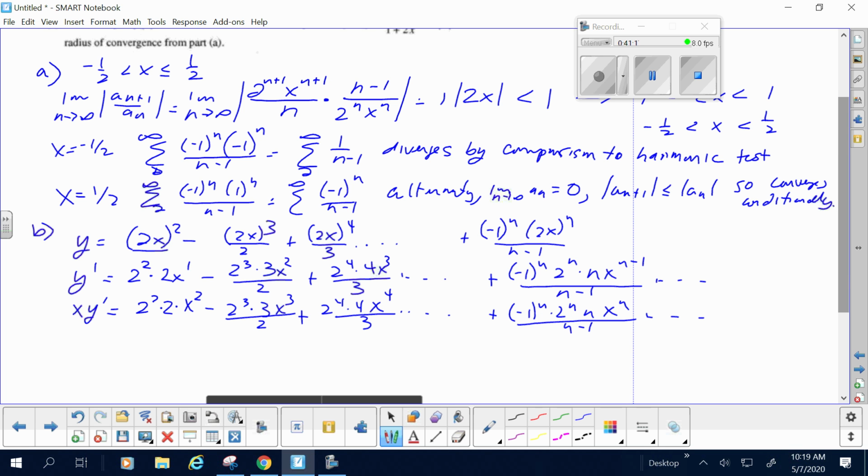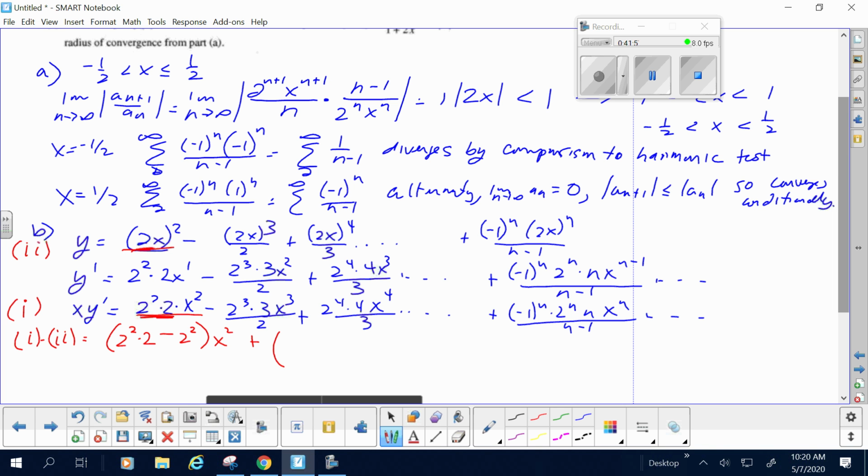Now, it says to take the, I'll call this equation 1, xy prime, and subtract y, which I'll call equation 2. So if I take my equation 1 minus equation 2, then these guys are like terms. And so 2 squared times 2 minus 2 squared for this coefficient minus this coefficient, x squared is my first.